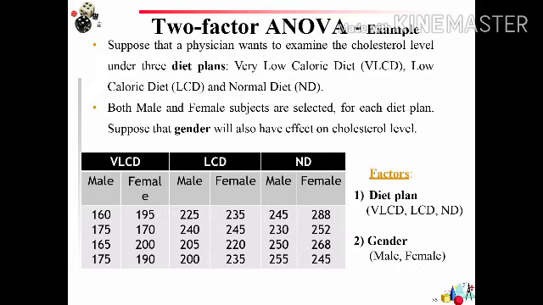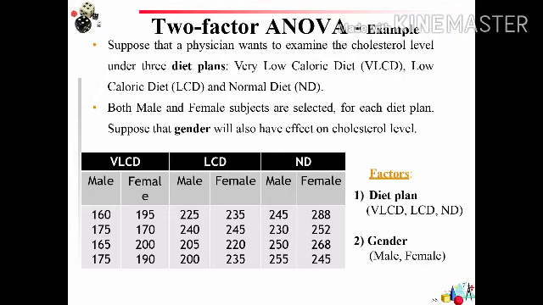An example for the two-way ANOVA: suppose that a physician wants to examine the cholesterol level under 3 diet plans: very low calorie diet VLCD, low calorie diet LCD and normal diet ND. Both male and female subjects are selected. For each diet plan, suppose that gender will also have an effect on cholesterol level.